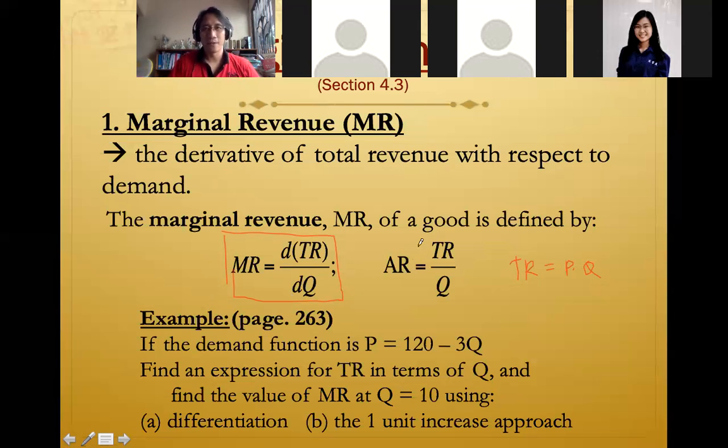Or if the thing given in the case is average revenue, then we can also find out that average revenue equals TR divided by Q. So if the average revenue is given, then TR also equals average revenue times Q. So it depends on what is known by the question or the case.